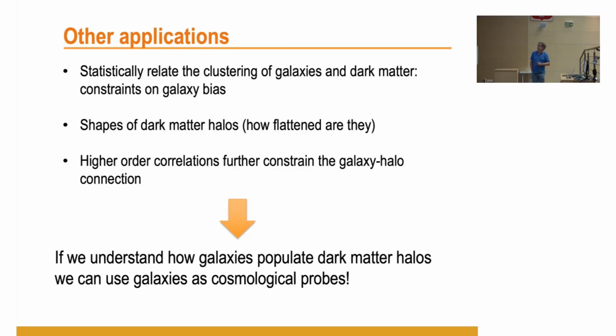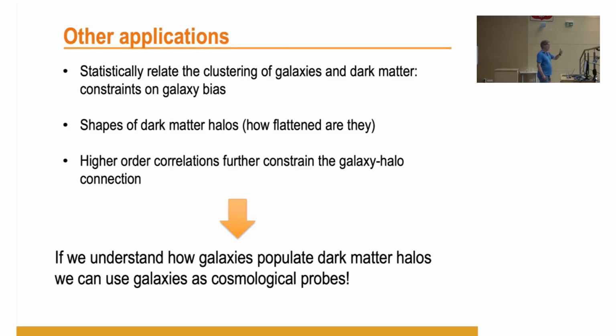But I think what is very important, and that is relevant for the next part of the lecture, is that we can do cosmic shear, so we can do the shear correlation function. It's fairly straightforward to interpret, but if we really want to unlock the potential of these future surveys, we really need to link the galaxies and the dark matter.